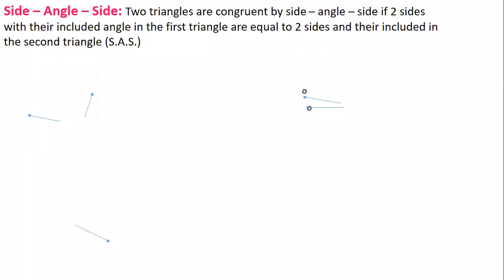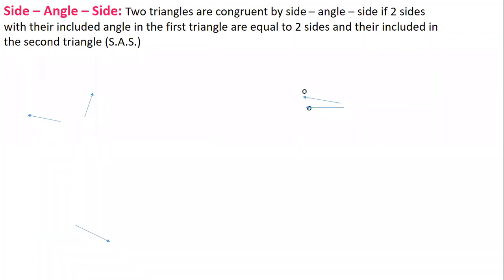Two triangles are congruent by side, angle, side if two sides with their included angle in the first triangle are equal to two sides and their included angle in the second triangle. SAS.